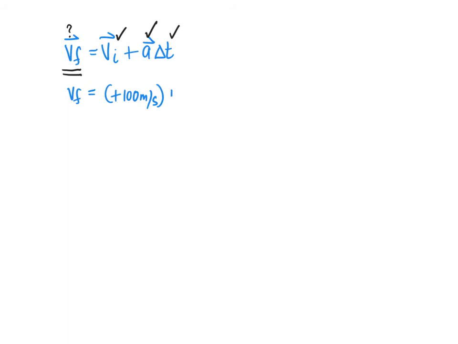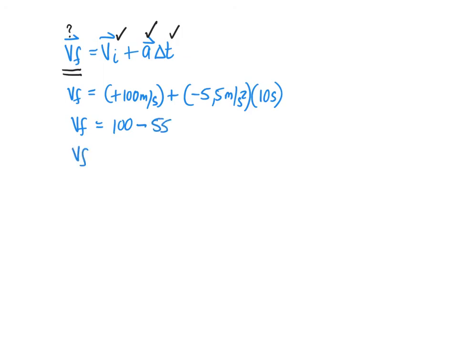Then adding the acceleration, which is minus 5,5 meters per second squared, timesing by the total time interval of 10 seconds, we can then work out that V final is 100, and note here, minus times plus gives us a minus, and 5,5 times 10 gives us 55.